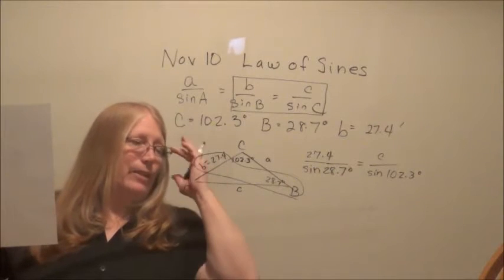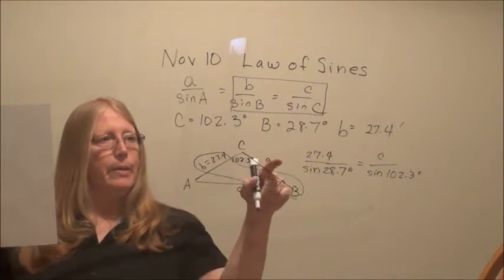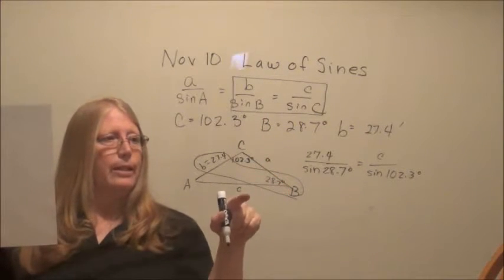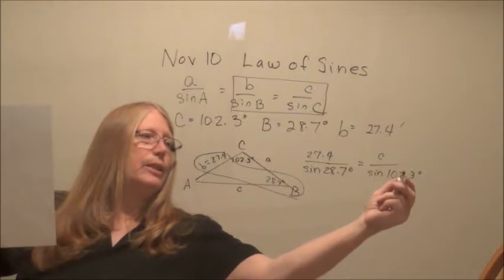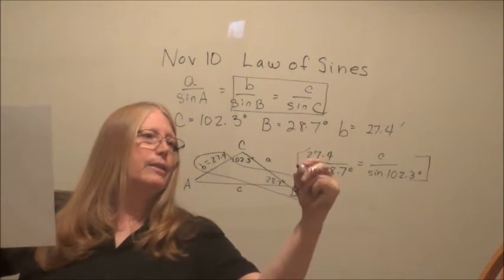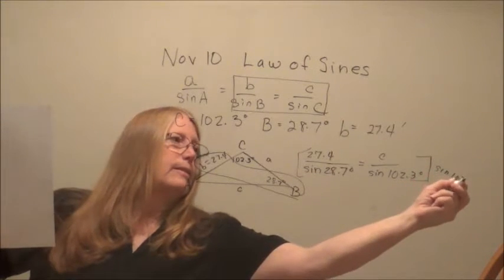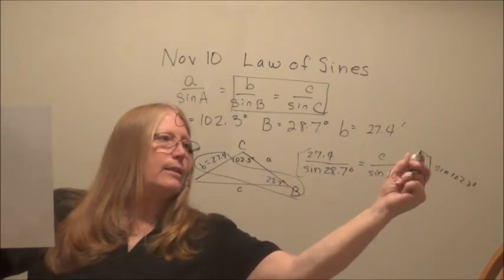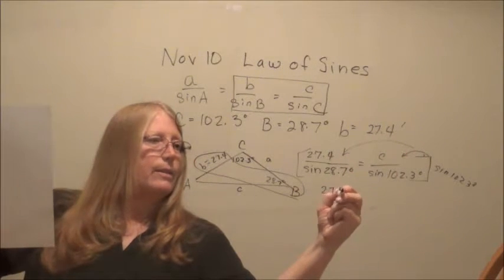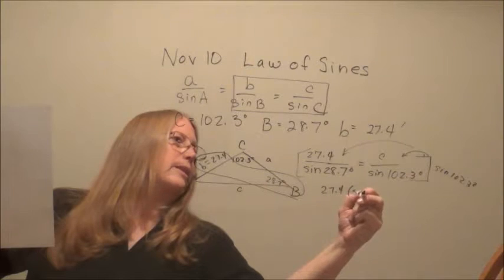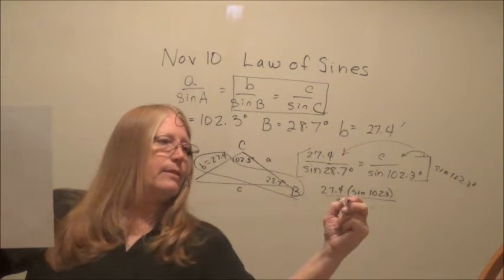Let's solve that for little c. And again, our goal is to find all the missing parts. So we need this one and this one and this one. So solving that for c, all I have to do is multiply both sides by sine 102.3. So it disappears from this side and appears on that side. 27.4 sine 102.3 is now on the left.